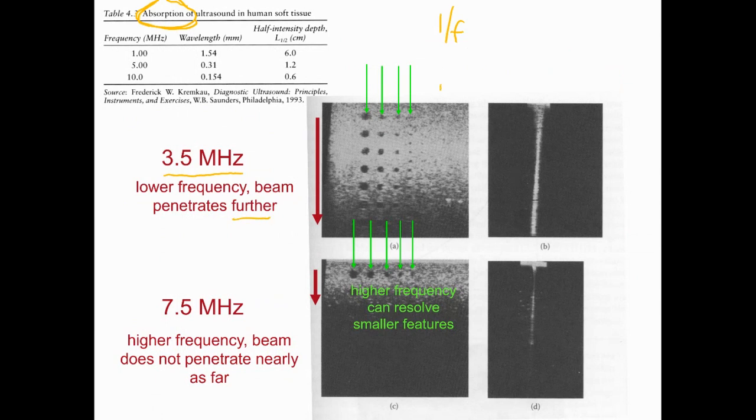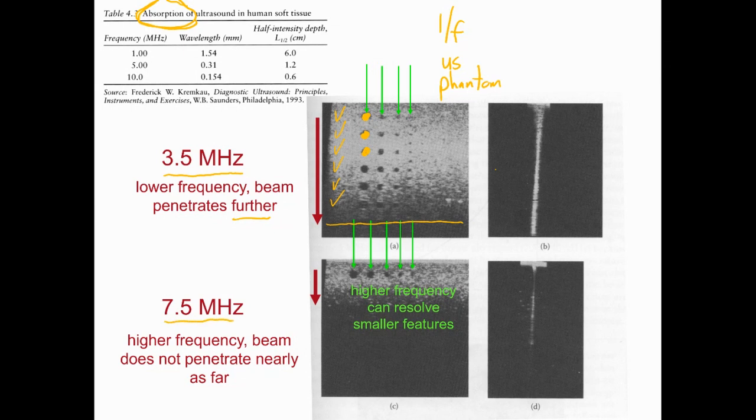This is a phantom that they're shooting over here. It's an ultrasound phantom. It has a bunch of dots in it that you can see. Where you're getting echoes from shows how deep that 3.5 megahertz is going. You can barely see it, but you're getting echoes from down here a little bit.